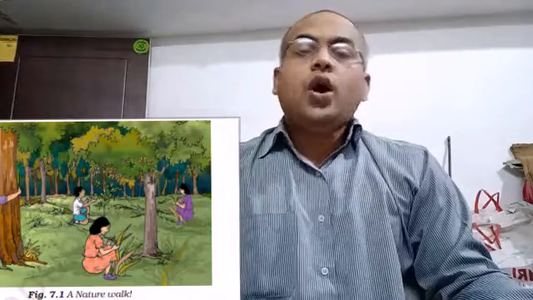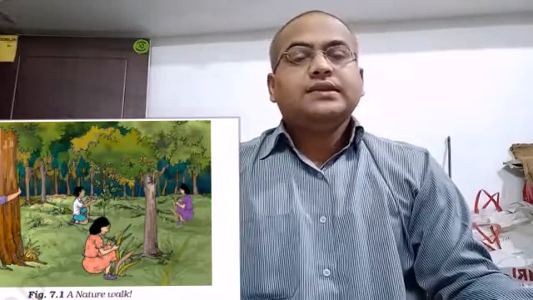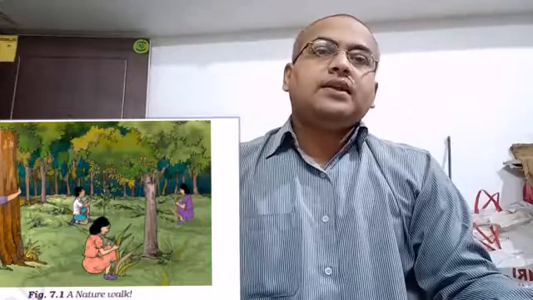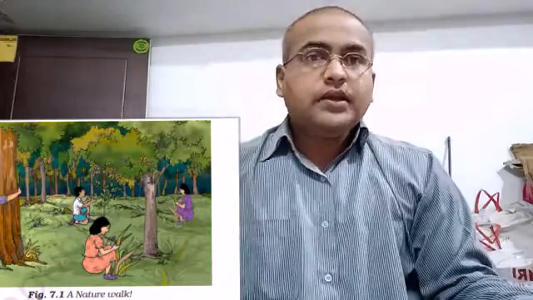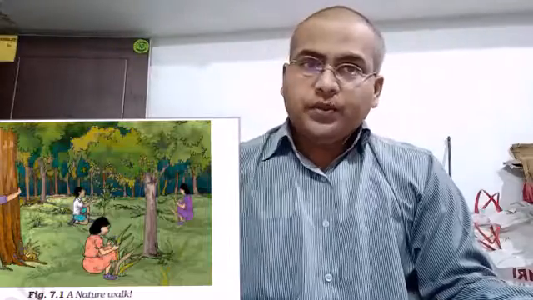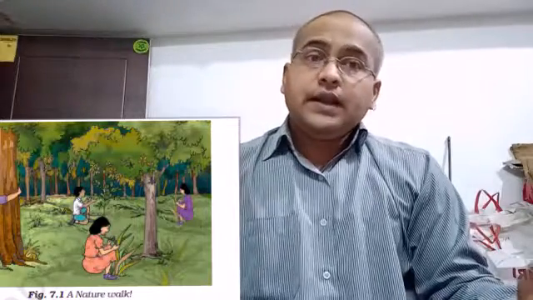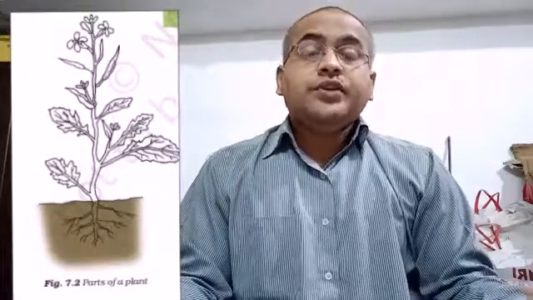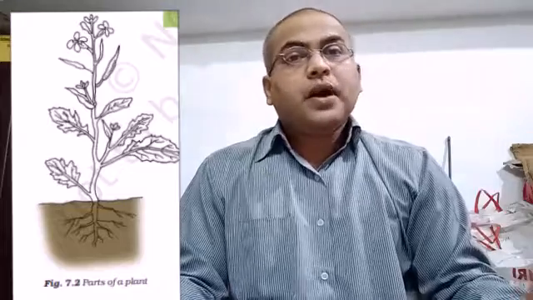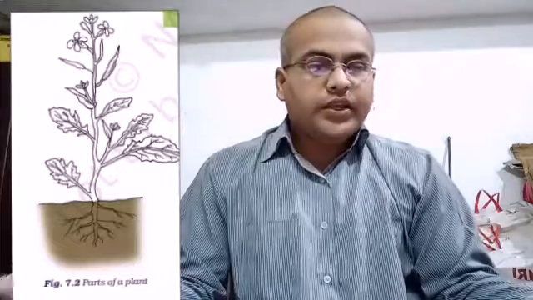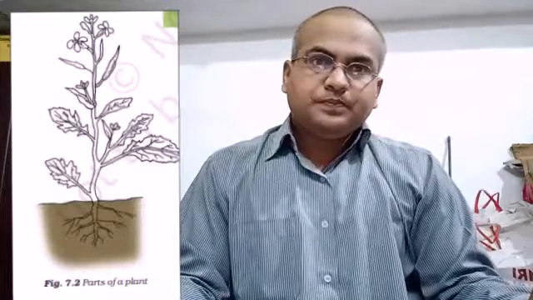So we all know that in a plant there are mainly two parts. One is under the ground and the other part is above the ground. The part which is under the ground is called root and the part which is above the ground is called stem.